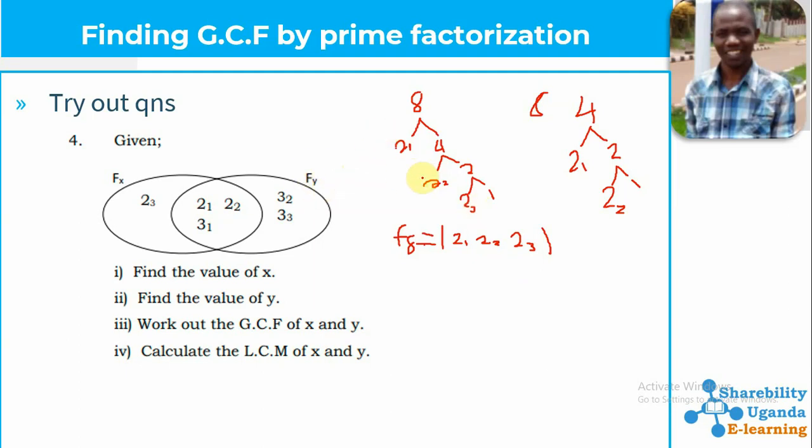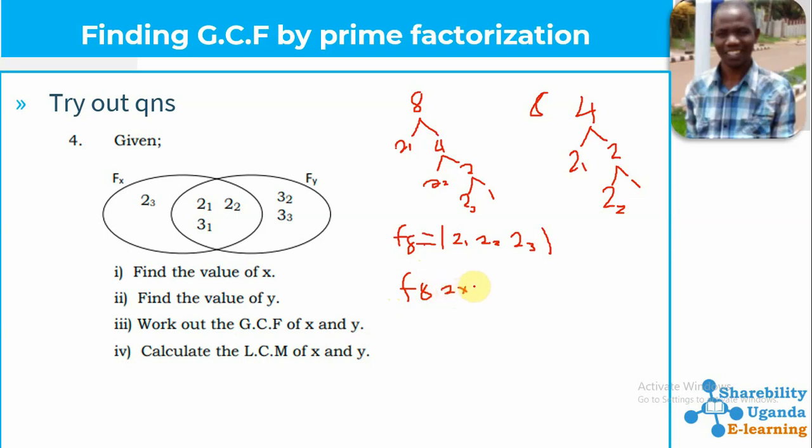Okay, so how do we find our values here? Assuming we have been given this and they want us to find our 8, how can we do this? For us to be able to get our f of 8, or our 8, what we do is to get our factors.